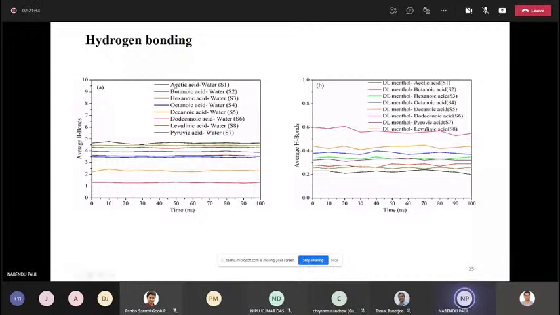It is following a similar trend: first acetic acid, then levulinic acid, after that butanoic acid, then hexanoic acid.